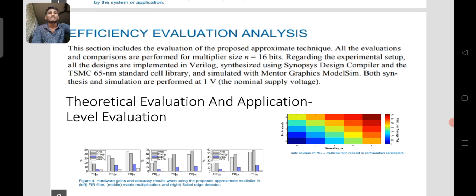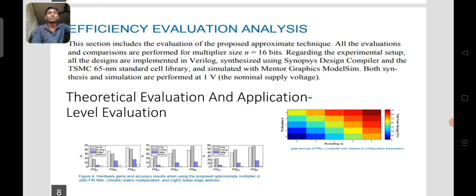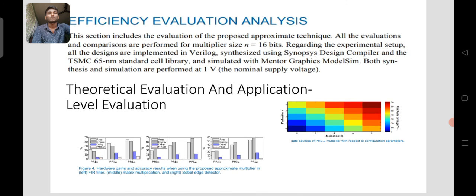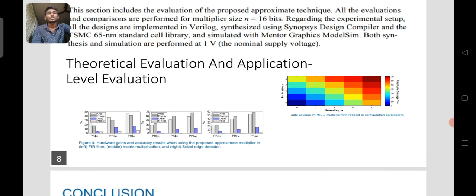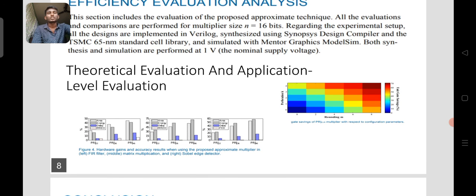Both synthesis and simulation are performed at 1 volt, the normal supply voltage. It includes theoretical evaluation and application evaluation, which these diagrams denote.